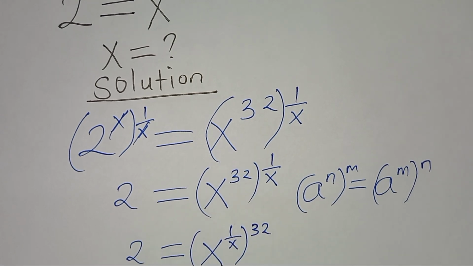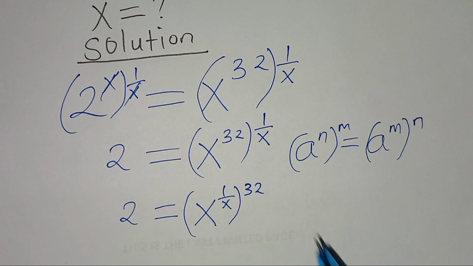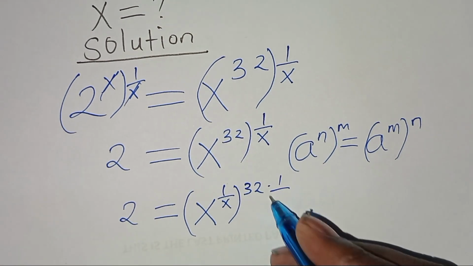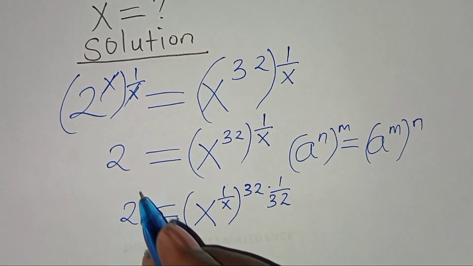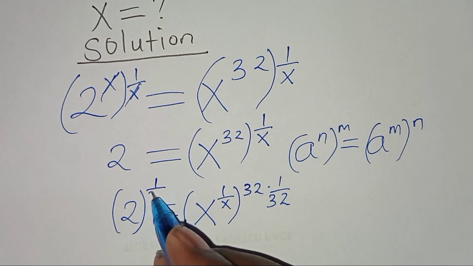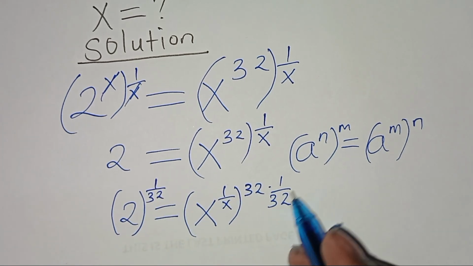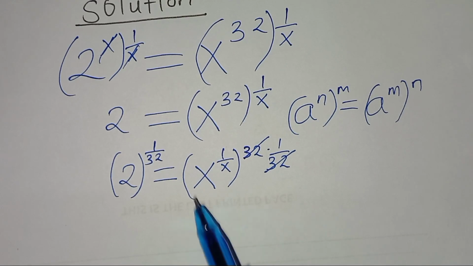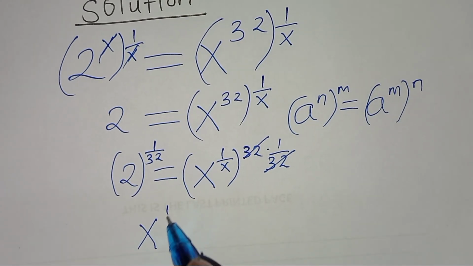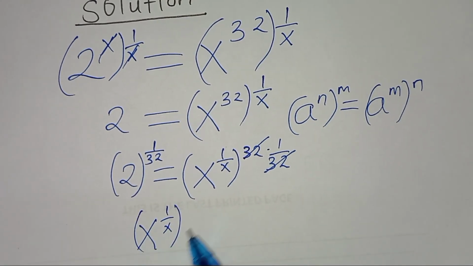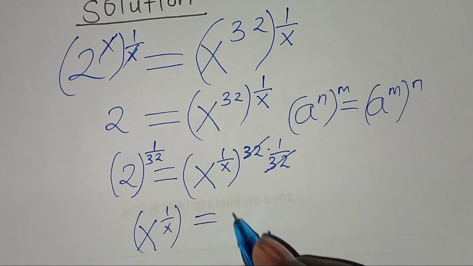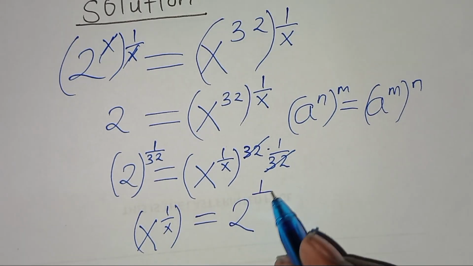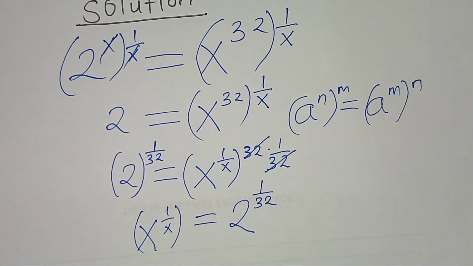The next step here, let's multiply both sides by 1 over 32, so that 32 and 32 simplify. Now you can express this as x to the power 1 over x equal to 2 to the power 1 over 32.